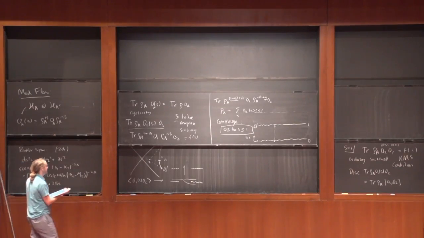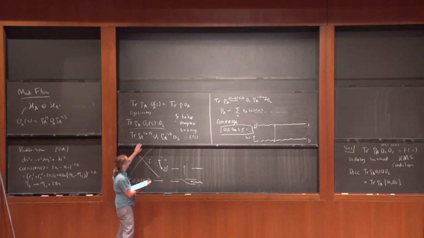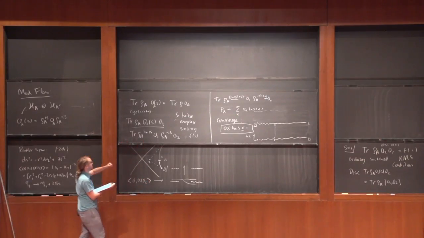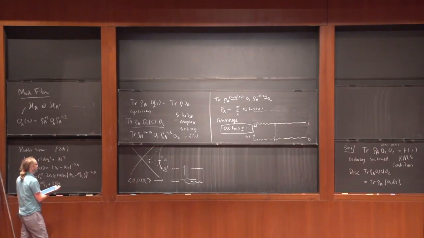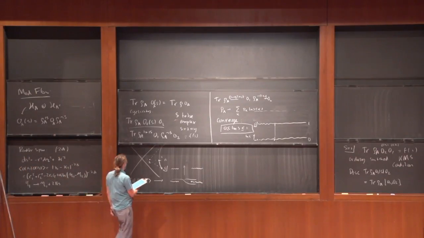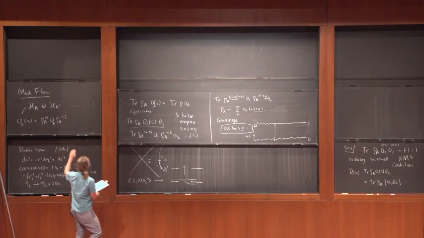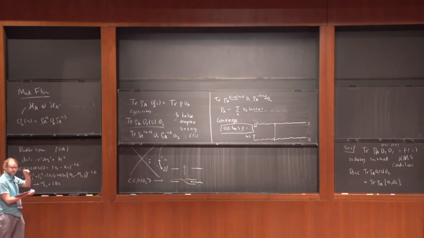The question was about the converse, whether starting with the KMS condition and invariance under the flow for the one-point functions gives you a thermal state, and the answer is yes.